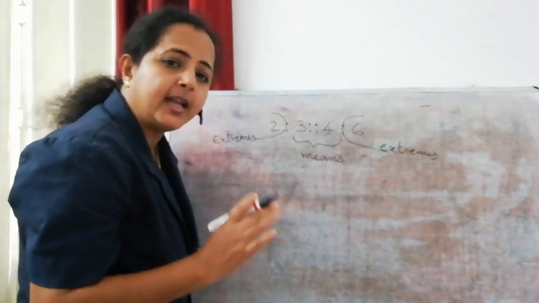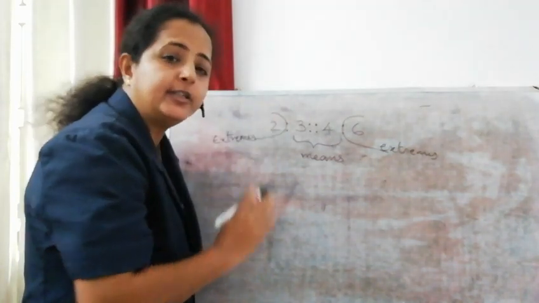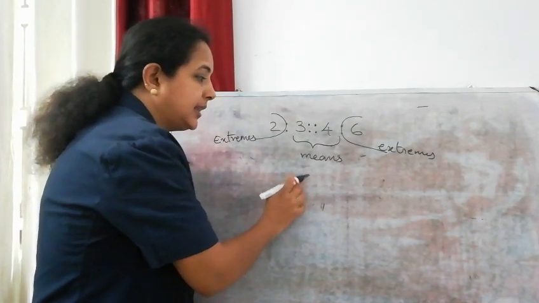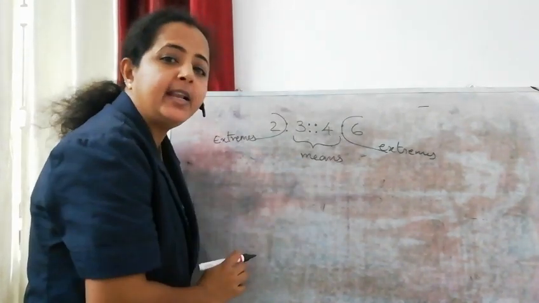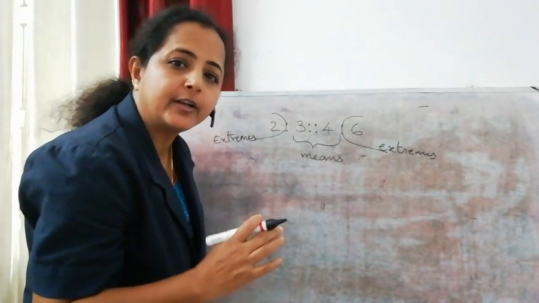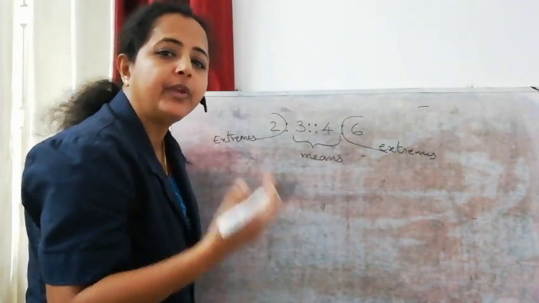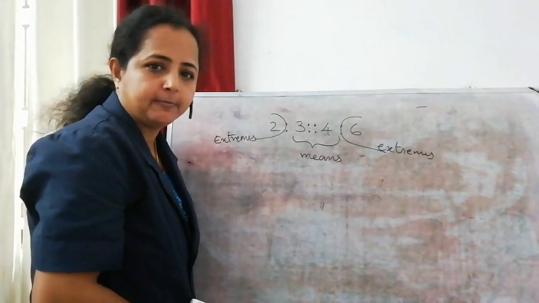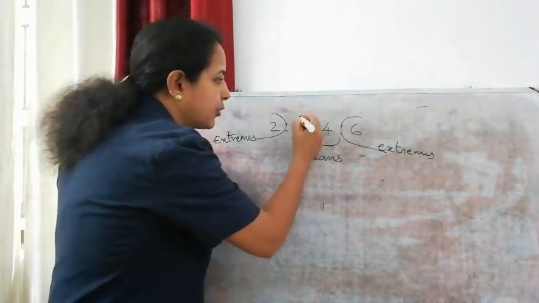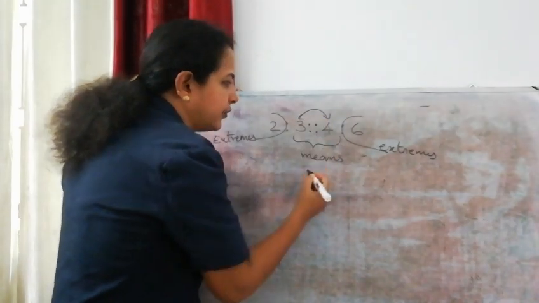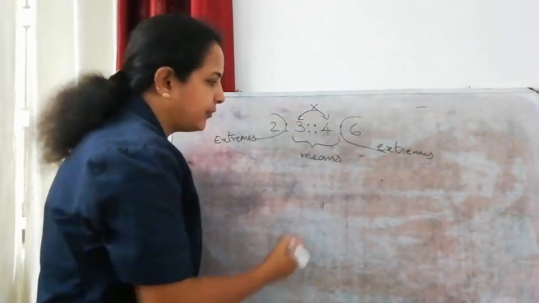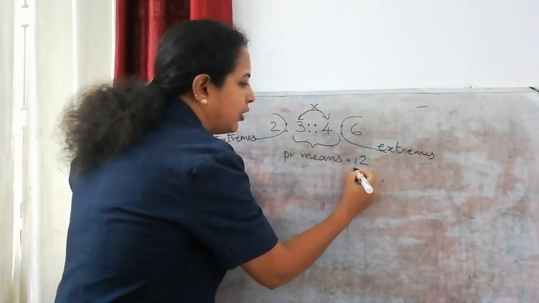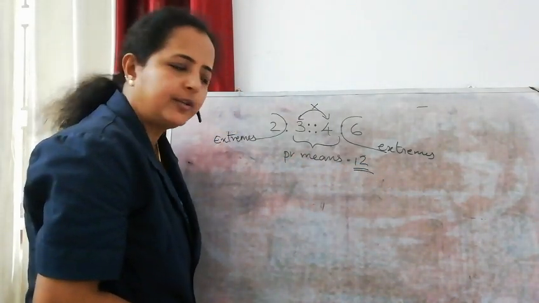Then how to check whether two ratios are equal or not? The method is: if the product of means is equal to the product of extremes, we can say that they are in proportion. Clear? The product of these two, 3 and 4, is 12, since 3 fours are 12.